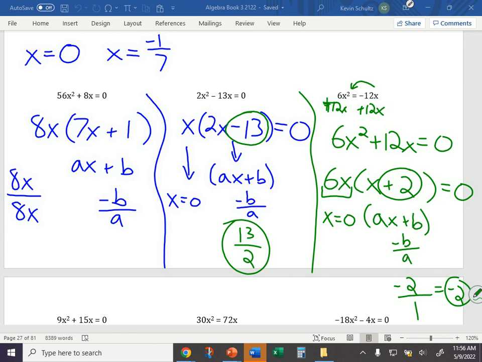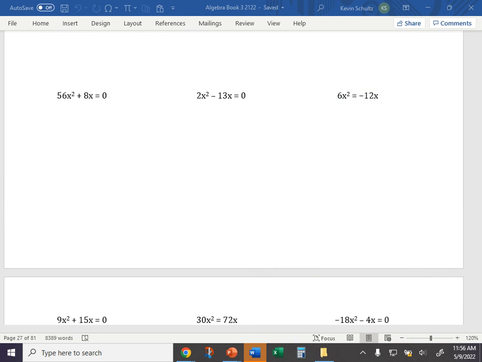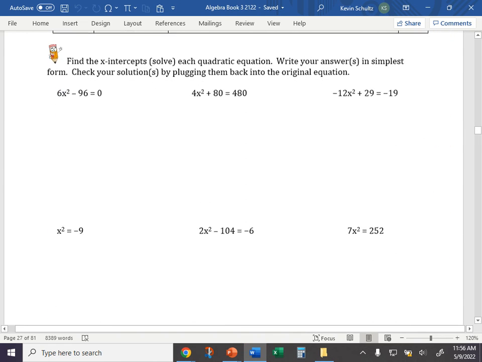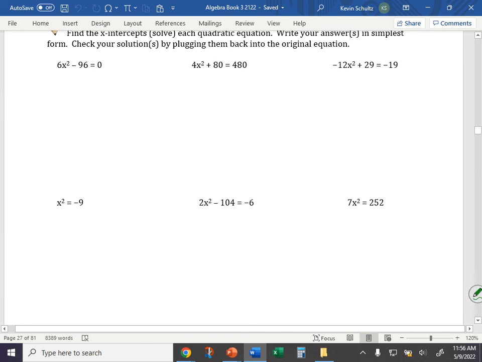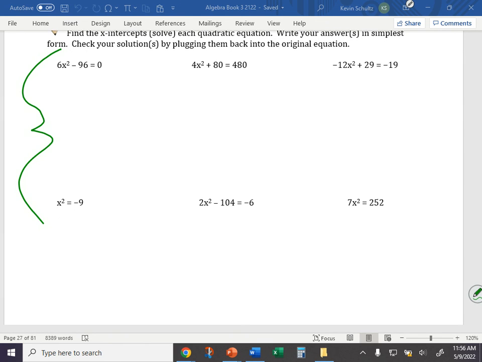Okay. Your homework for tomorrow is on PO55 part 2. This set here. These 6 go back to ax squared plus c, so you're using opposite operations and you are looking for 2 opposite values.